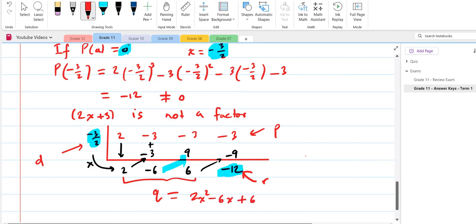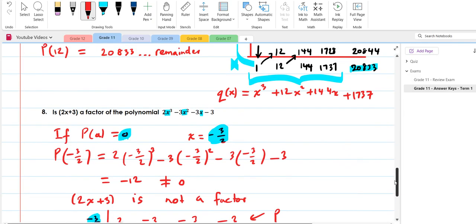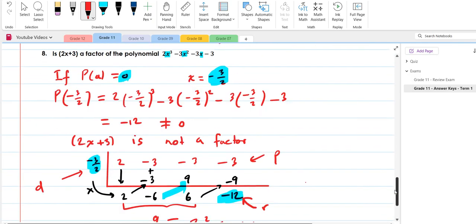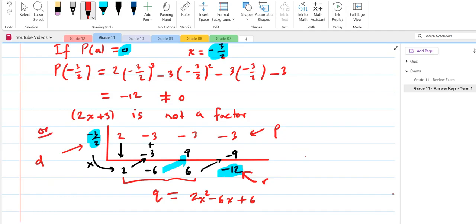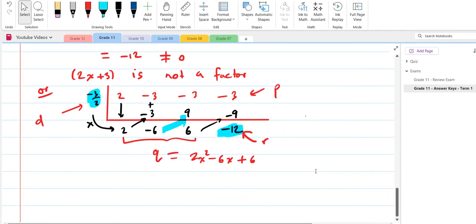Since we took the polynomial and divided by 2x plus 3, we got a remainder of negative 12. So what can we conclude? Therefore, 2x plus 3 is not a factor.